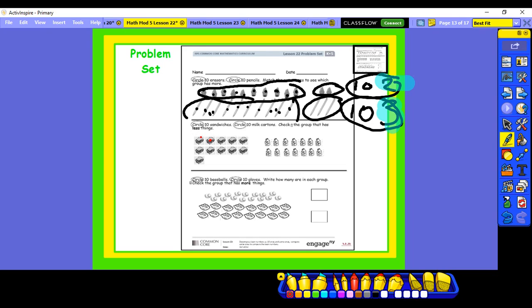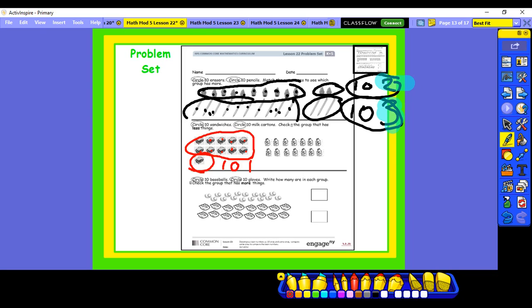1, 2, 3, 4, 5, 6, 7, 8, 9, 10. Circle it. How many are left over? 1. 10, 1.